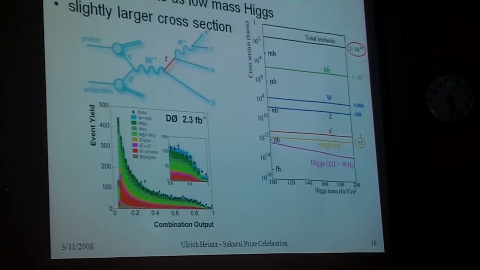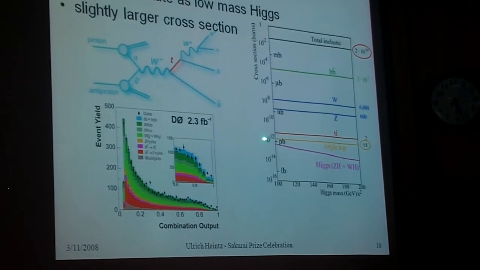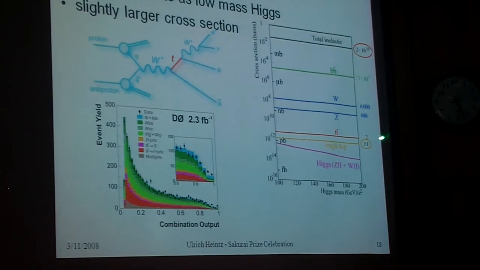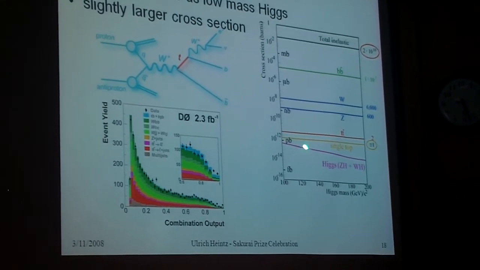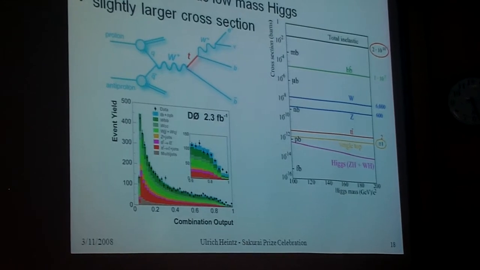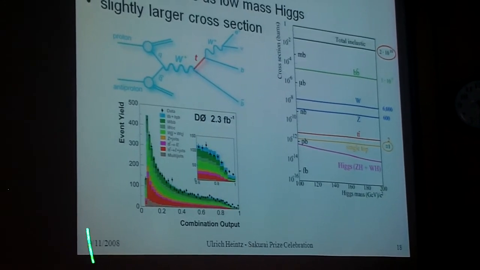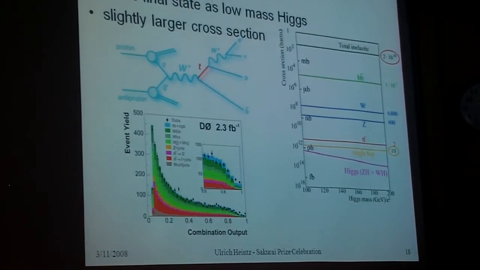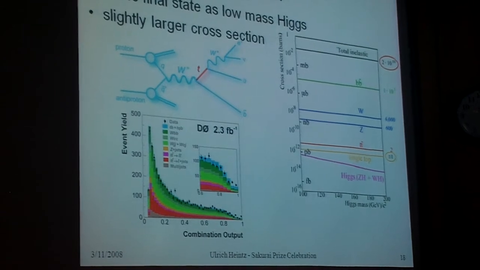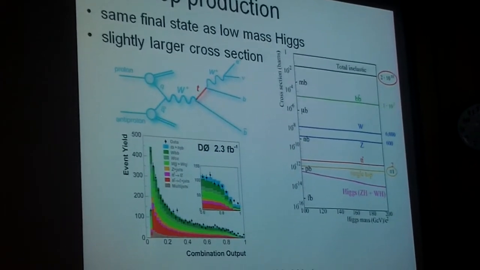This is the cross section versus Higgs mass. Single top production is here at 2 picobarn. The Higgs is about, depending on where the mass is, a small factor to an order of magnitude smaller than that. So we have to push about an order of magnitude beyond this, and we might be able to see a signal for the Higgs, or exclude it if we don't see a signal. So I think we are on the way to getting there.